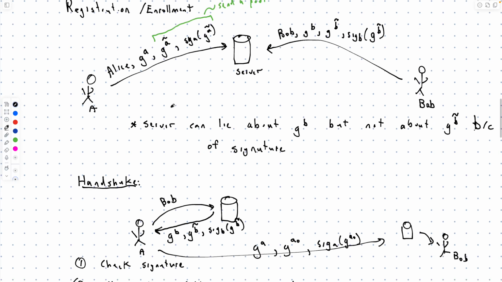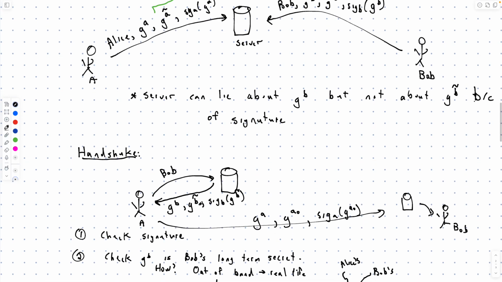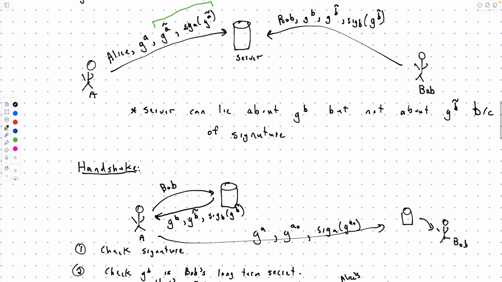Every time you see G to the something, that is a different point on a curve, like the initial handshake and the continuation of the chat. So anytime you do Diffie-Hellman and you have G to the something, that's using elliptic curves.